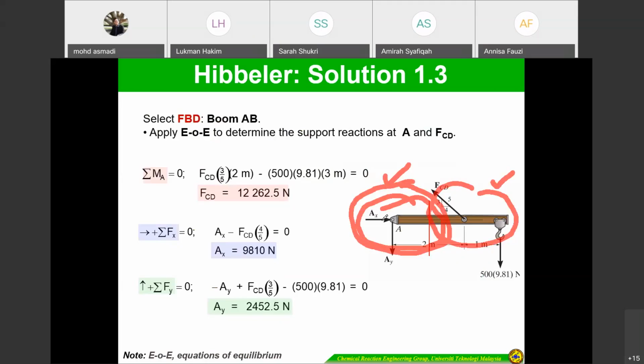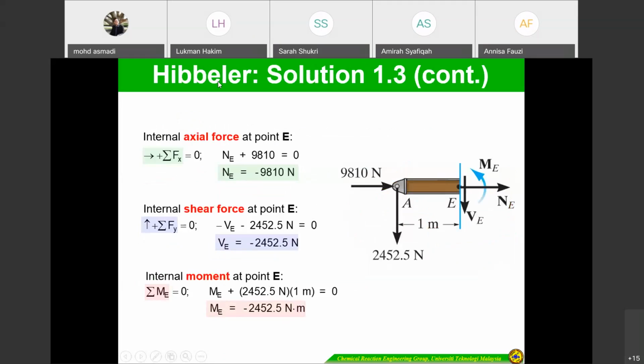So we have AX and AY. This one you have to resolve again, and then you have to resolve again. After that, just determine the internal NE in the FX direction. So we know this one.